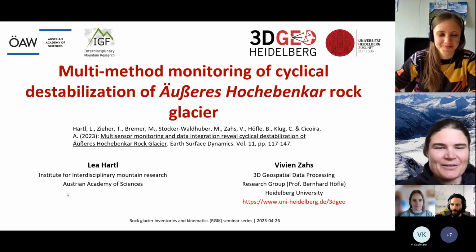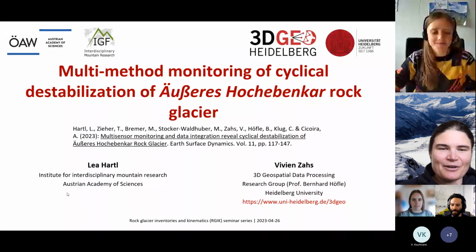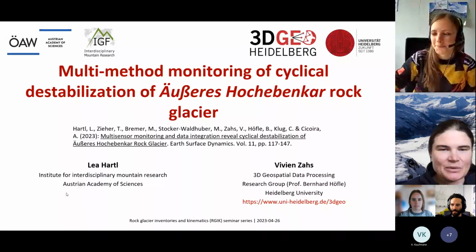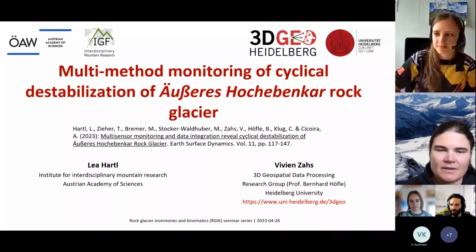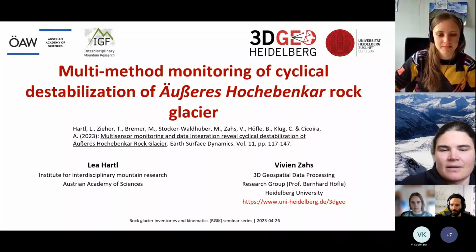Thank you for giving us the opportunity to talk about our beautiful rock glacier, Äußeres Hochebenkar in Western Austria. As the title says, we're showing some observational data sets that we have from the site and talking about the destabilization that we see in this observational data.